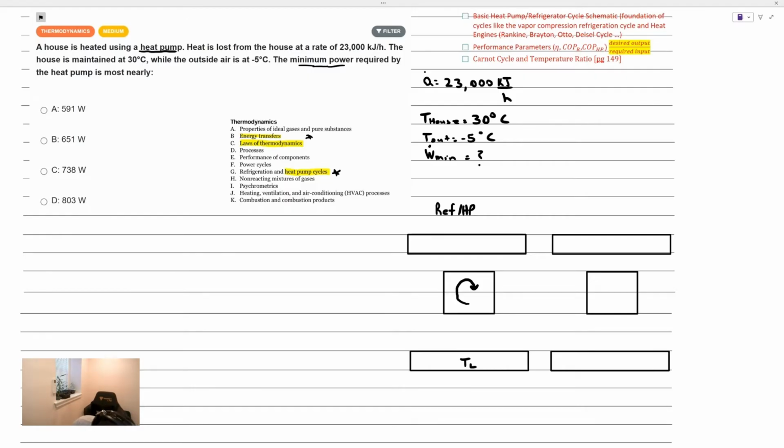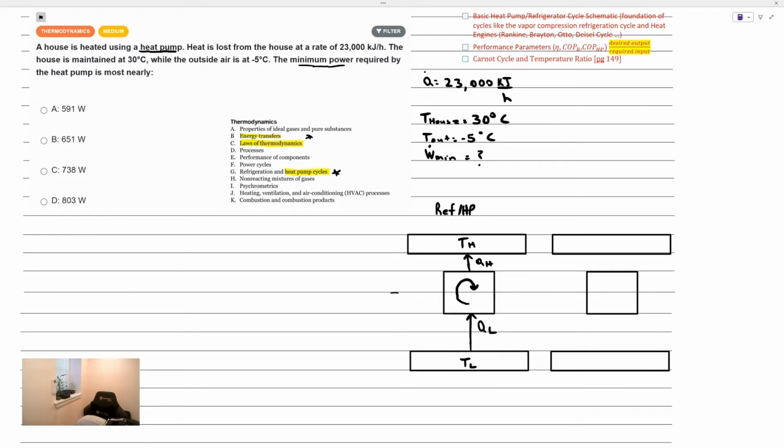We want to keep all of that food cool. So we suck heat out of all of that low temperature source, all of the food in the refrigerator, and we transfer it to a high temperature sink. That's the outside of your refrigerator.